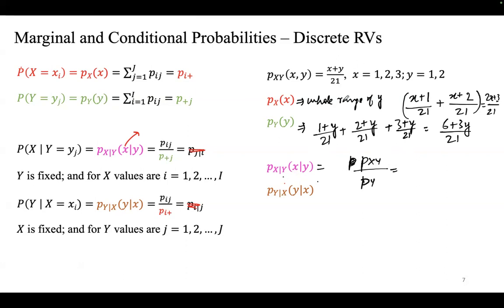Probability xy here is your original expression. Nothing fancy about that. 21. And now this is your marginal probability. So this was 6 plus 3y divided by 21.